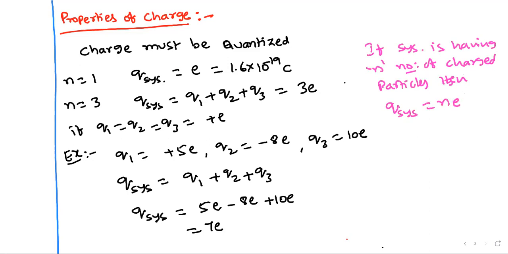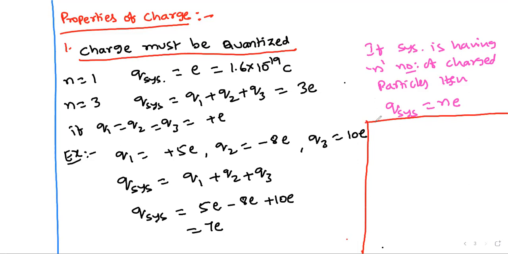Here we are considering that the charge of all n particles is the same, plus e. Okay, fine. So this is my first property, charge must be quantized. Next, second property: charge must be conserved.